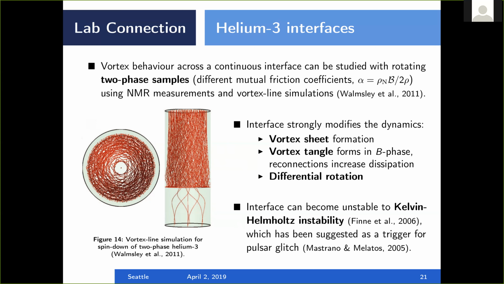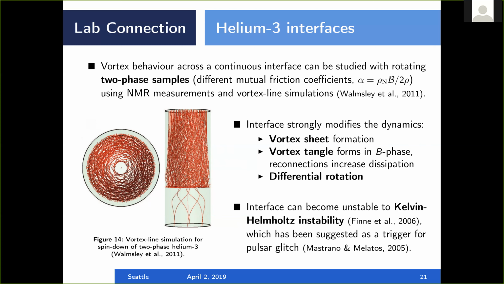So they bend radially outwards and build this vortex sheet. Because of this additional pull on them at the interface, the B phase builds this tangle. So you have increased dissipation in the B phase because of the presence of this interface. In the absence of the A phase, the B phase spin down is just laminar.